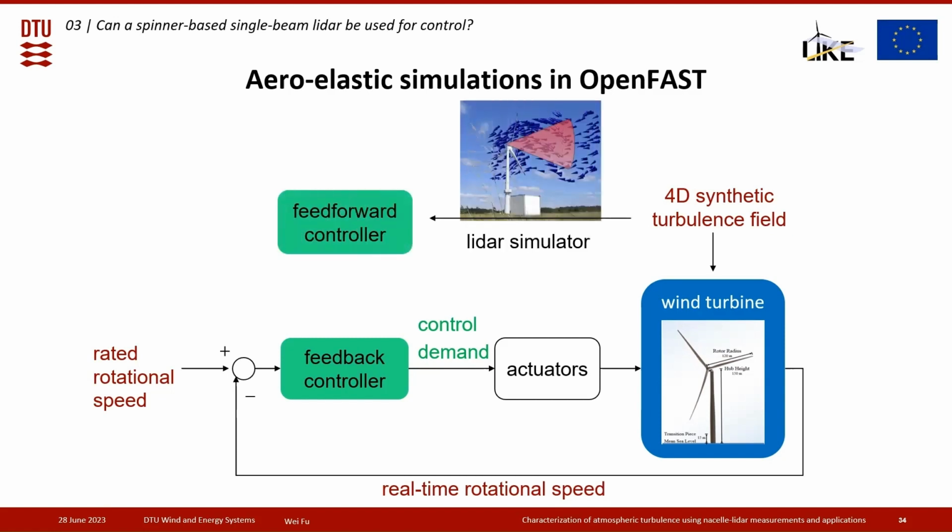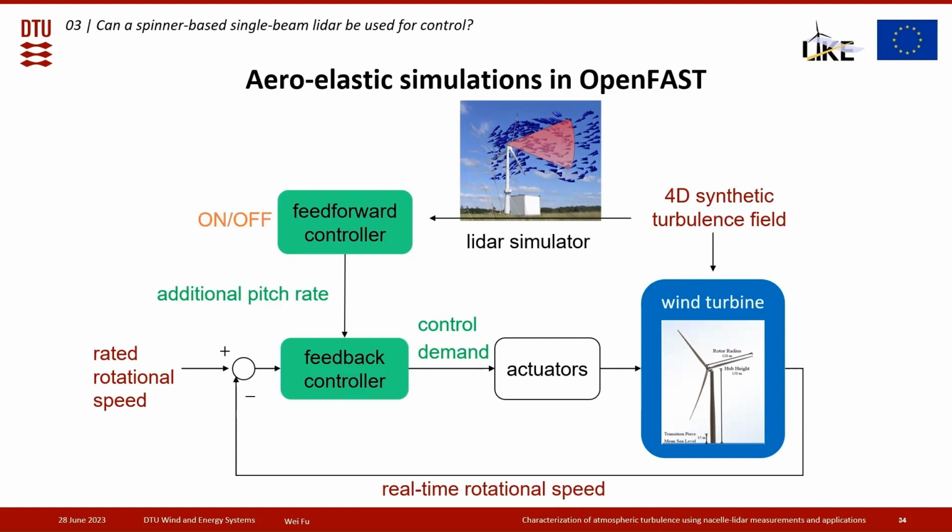And then we do some simulation with LiDAR-assisted control on. So we have our feedback controller, which uses the wind preview provided by our LiDAR. Here we have a LiDAR simulator embedded in OpenFAST. The feed-forward controller can use the wind preview and generate an additional pitch rate to the feedback controller so that it can help the feedback controller to react in advance.